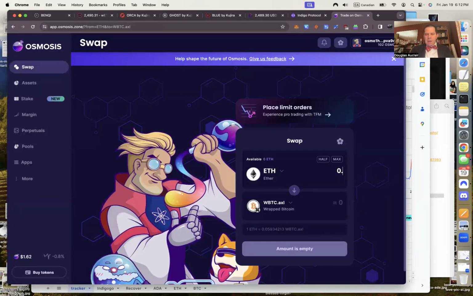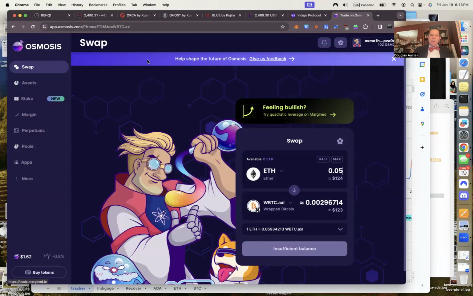And on Osmosis, it would trade it for you automatically. You would get an automatic amount of Bitcoin, which my spreadsheet would calculate about the same number because the ratio is going to be the same. Osmosis is going to charge you a little bit for the trade, so it's going to be slightly different.